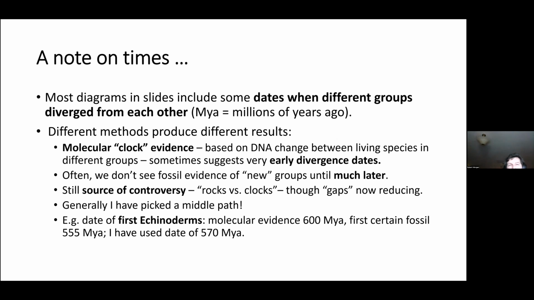And this is still a bit of a problem. And generally what I've done is pick a sort of middle path. And the example there is echinoderms. The molecular evidence from the molecular clocks says they first arose 600 million years ago, or even more than that. The first certain fossil we've got of them is about 555 million years ago. So I've used a date of 570 because it may be that the first ones did arise a little while before we see the first fossils of them.